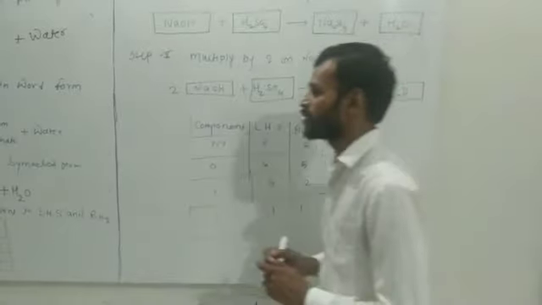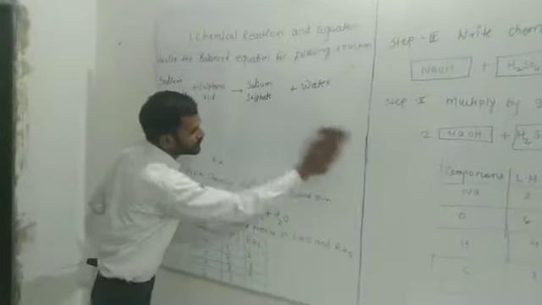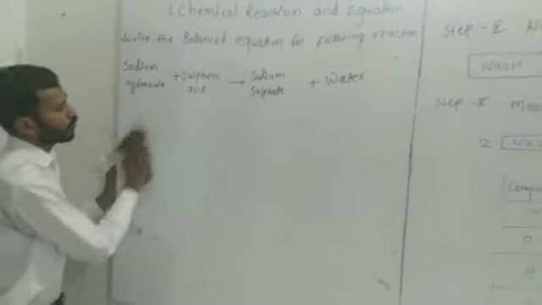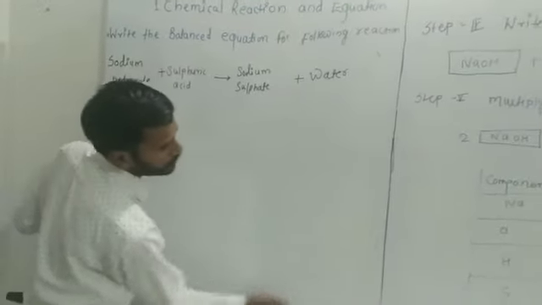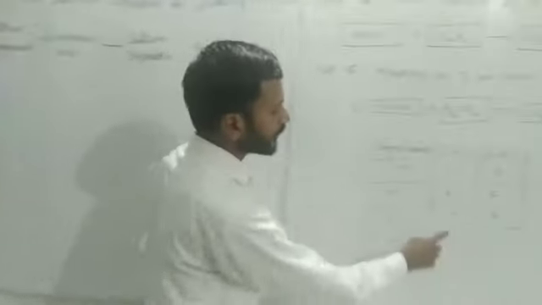So we need to balance the chemical equation again. For this we multiply water, H2O, by 2, because here we have 4 and on the RHS 2, so multiplying H2O by 2 converts it into 4.